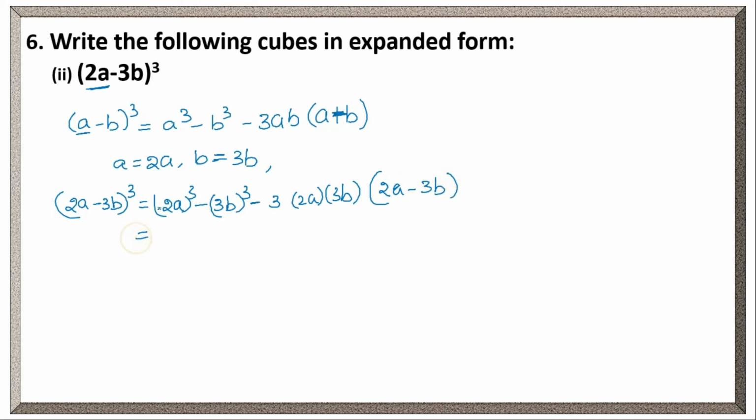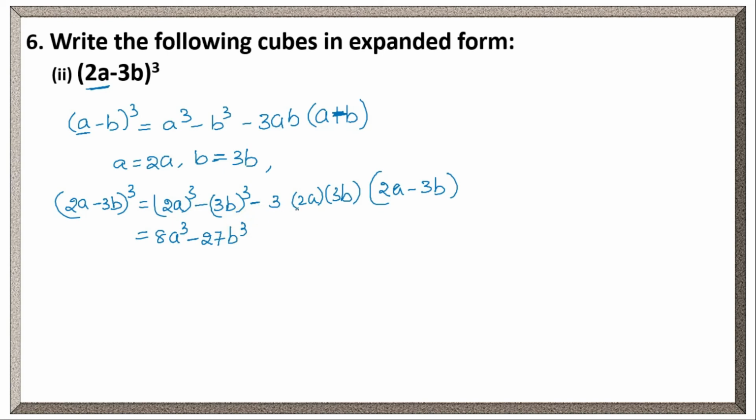Clear? (2a) whole cube means 2 cube a cube. 2 cube value is 8. 8a cube minus 3 cube value is 27. 3 cube means 3 times we have to multiply the base. Here 2 into 2 into 2, 8. 3 into 3 into 3 is 27 b cube.